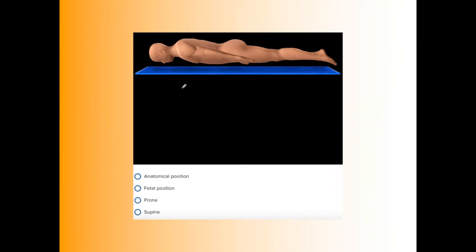Now this has shown up on one of the McGraw-Hill Connect lab quizzes in the past, and it showed this person lying face down. So what would be the best answer? Is it anatomical position? Nah, we can cross that out. Is it fetal position? We didn't speak about that. That can't possibly be. And now we have to decide between these two opposites, right?